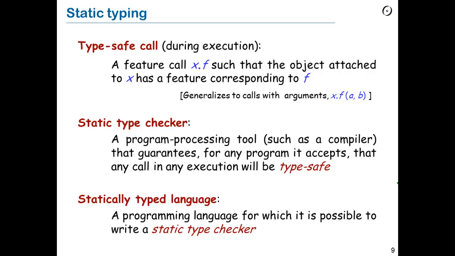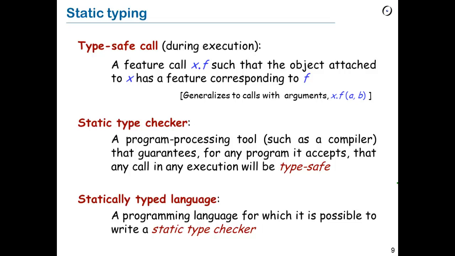So to define that a language is statically typed, we have to go through the three notions mentioned here. But the basic idea is very simple. It's that when the compiler accepts your program, then it guarantees that every operation that the program will execute during execution time makes sense.